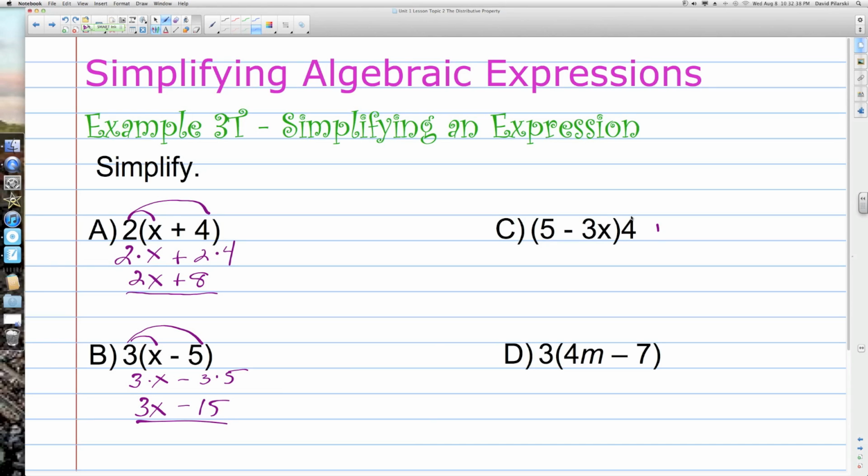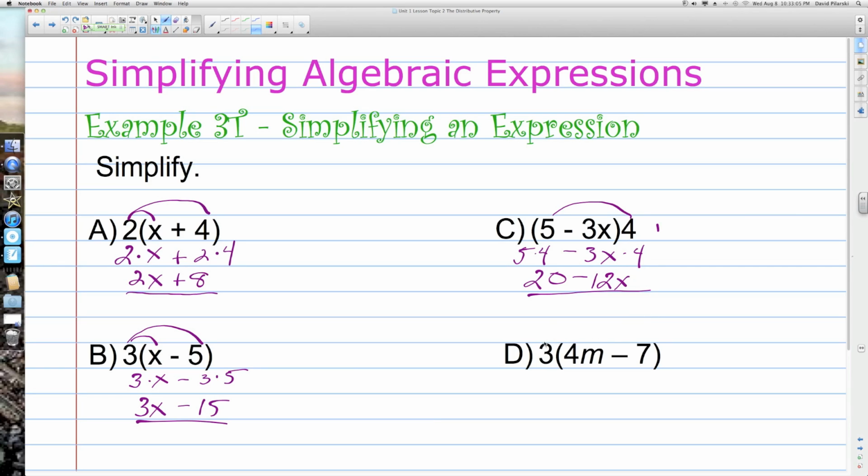Here, we distribute from the right-hand side, where we go 5 times 4, minus 3x times 4. We multiply here, we go 5 times 4 is 20, minus 3 times 4 to give us the minus 12, and put the x on there. 20 minus 12x.